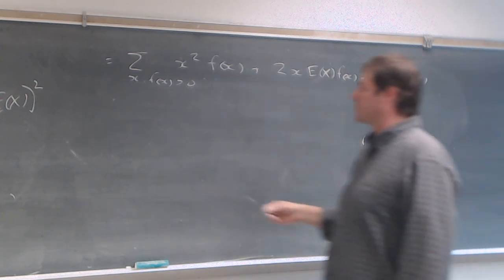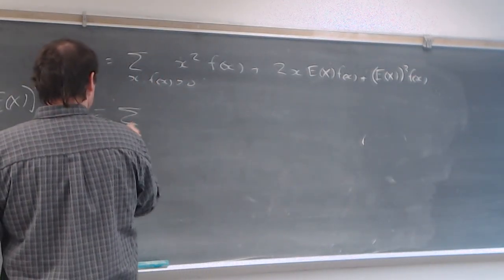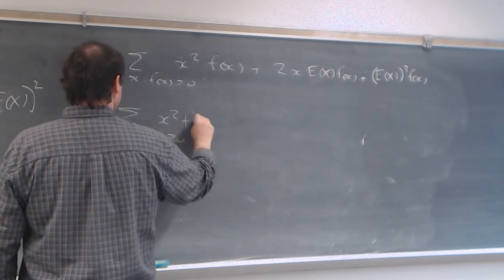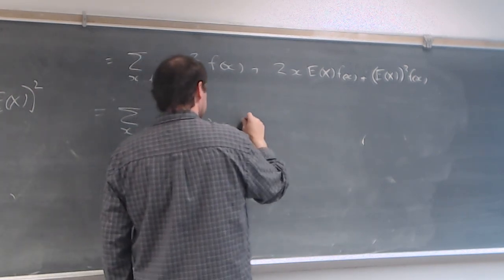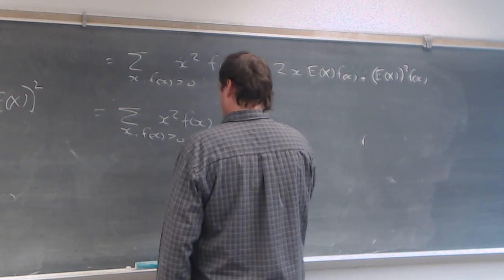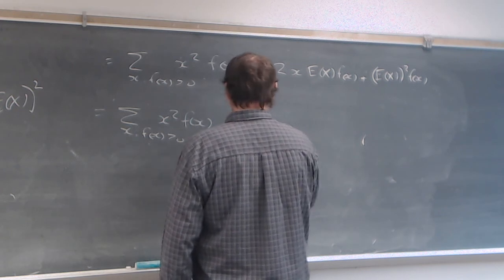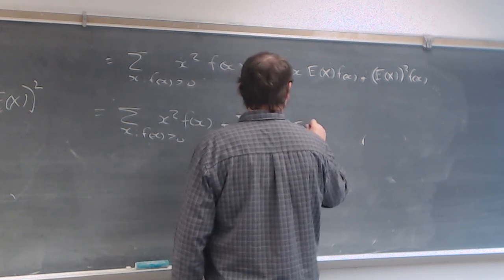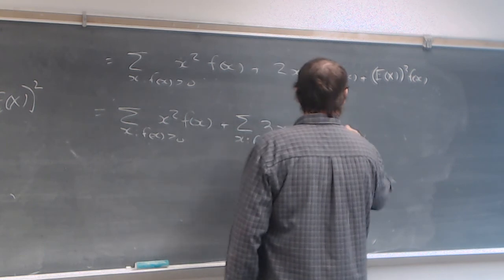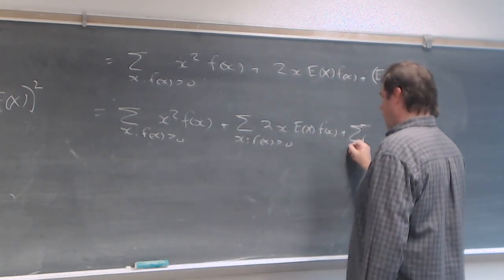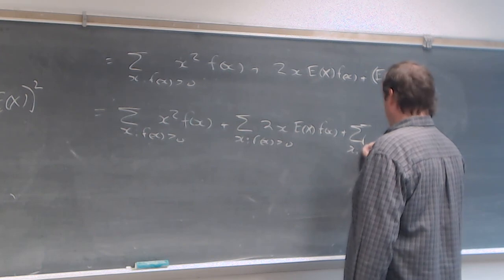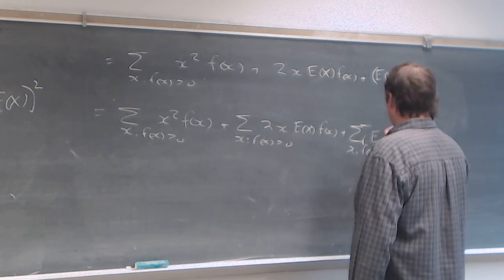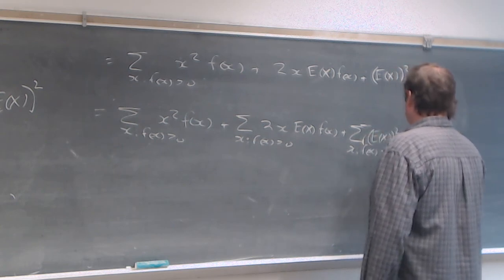And so I can break this up into three sums. The sum over all x values where f of x is greater than 0 of x squared times f of x, plus the sum over all x values such that f of x is greater than 0 of 2 times x times the expected value of x times f of x, plus the sum over all x values such that f of x is greater than 0 of the expected value of x, quantity squared, times f of x.